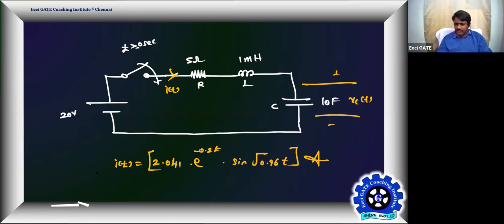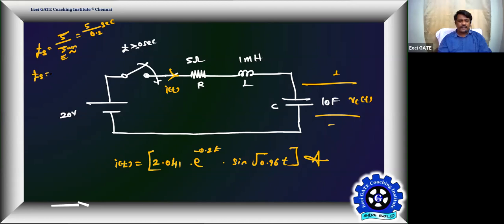At time t equal to infinity, you will get 0 only. Okay, now the settling time is going to be 5 by zeta omega n. Zeta is 0.2 and omega n is 1, so 5 by 0.2, that is approximately 25 seconds. That's where it is going to settle.